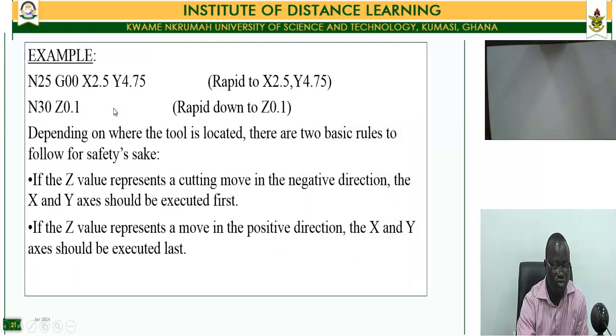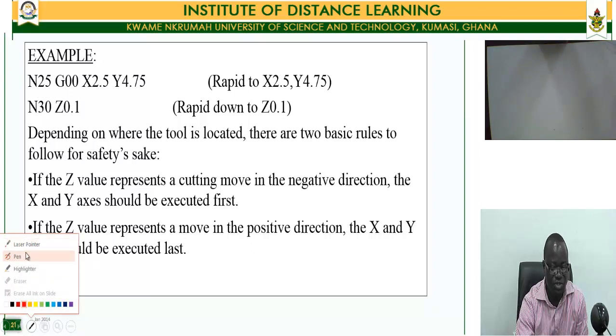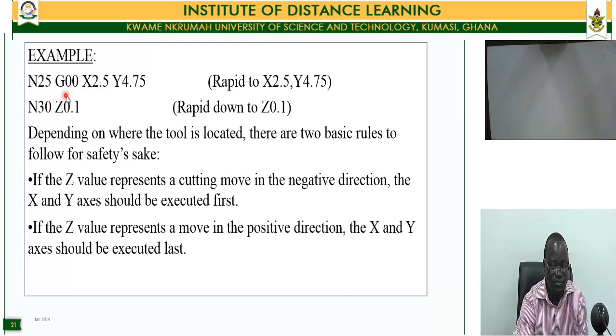Now, if you fail to do that, you could have a situation where the tool will be damaged. Normally, if you look at the CNC mill, the Z position is at the spindle axis, the tool axis.